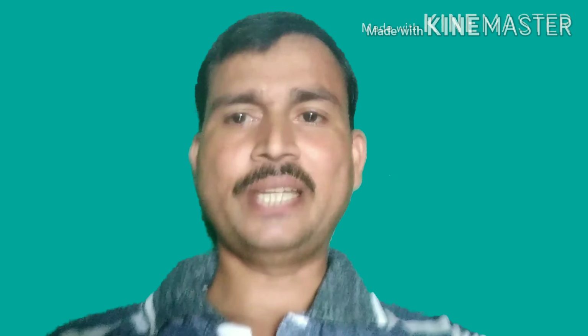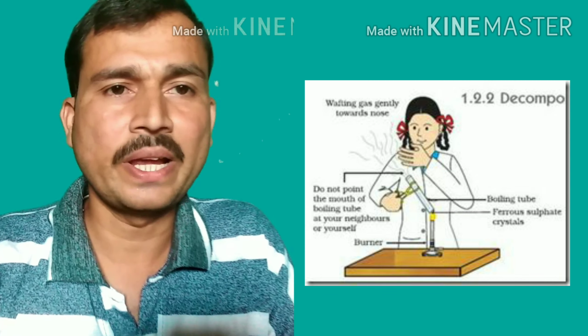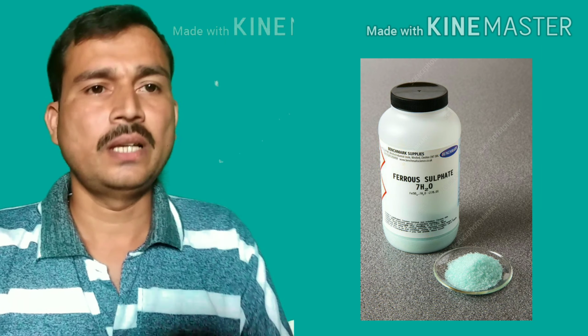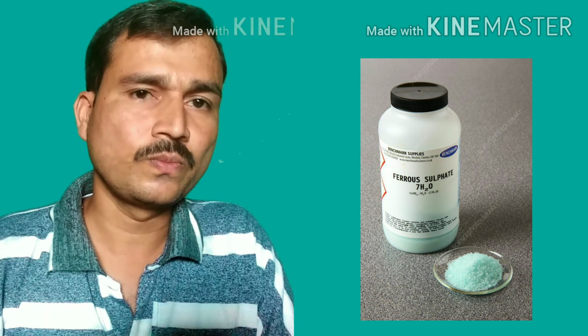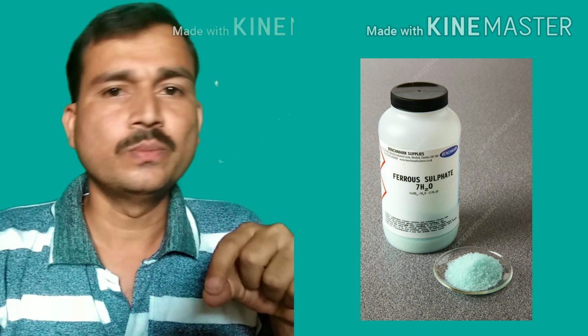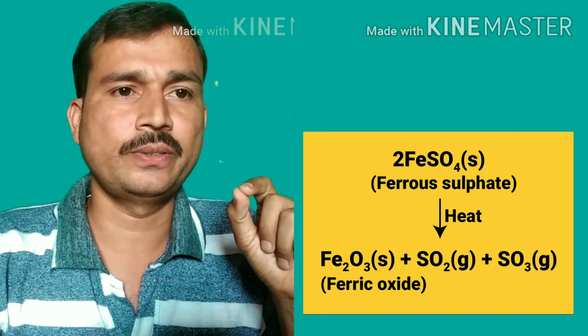Let's see some examples on decomposition reaction by activity given in your textbooks. Activity 1.5. Take 2 grams of ferrous sulfate in a dry test tube. Heat it with the help of a spirit lamp or Bunsen burner. Observe the color of ferrous sulfate.